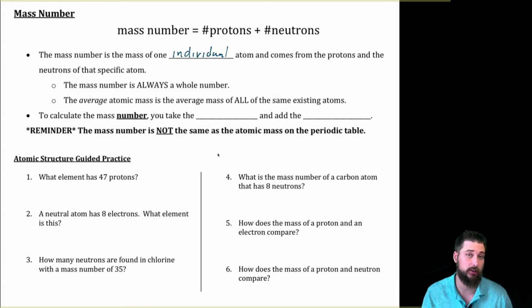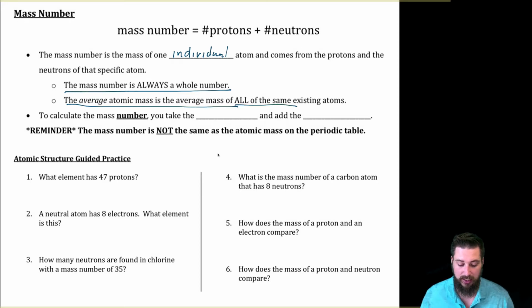Now we're going to learn later that some elements will have different numbers of neutrons. Something to keep in mind is that the mass number is always, I mean, not positive, it's always a whole number. And the average atomic mass is the average mass of all of the existing atoms of a particular element.